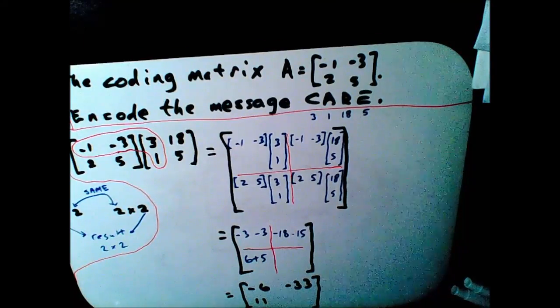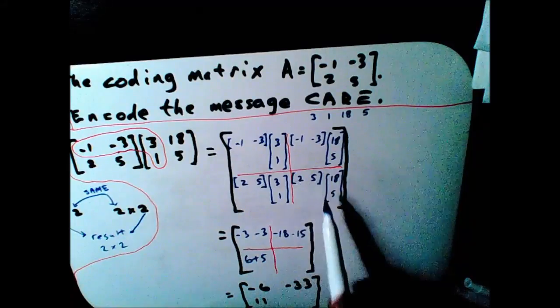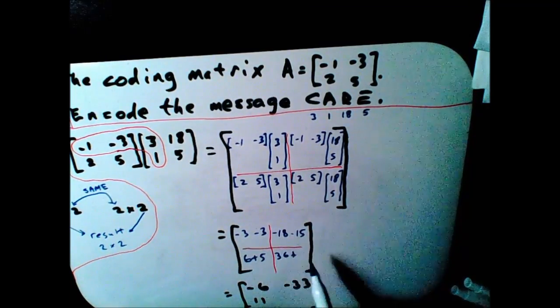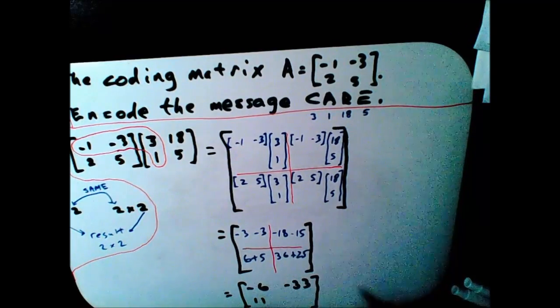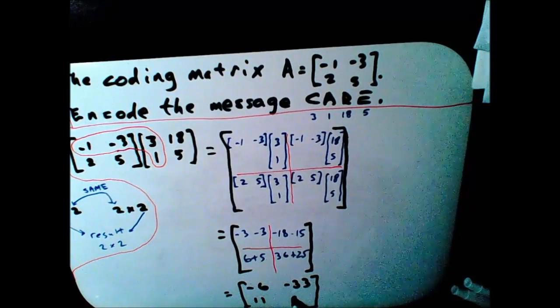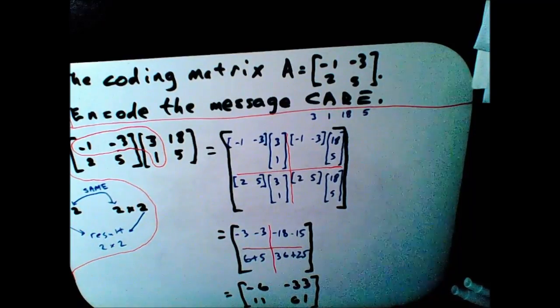And the last one is going to be 36 plus 25. 2 times 18, or 36, plus 5 times 5, or 25, 61 is the row 2, column 2 entry.